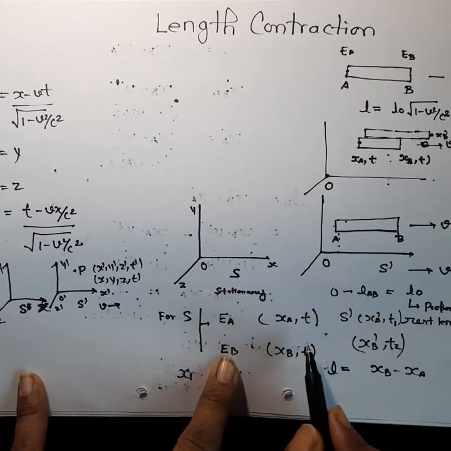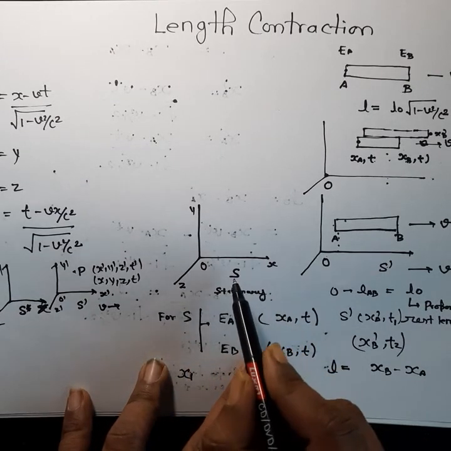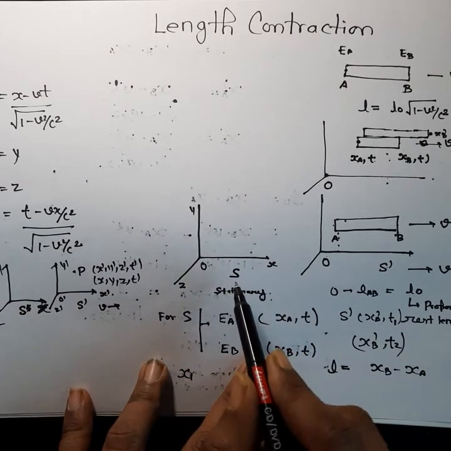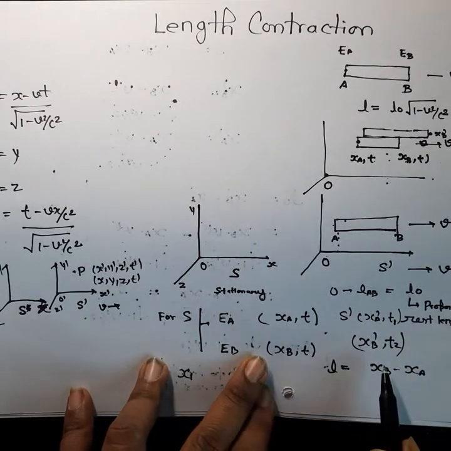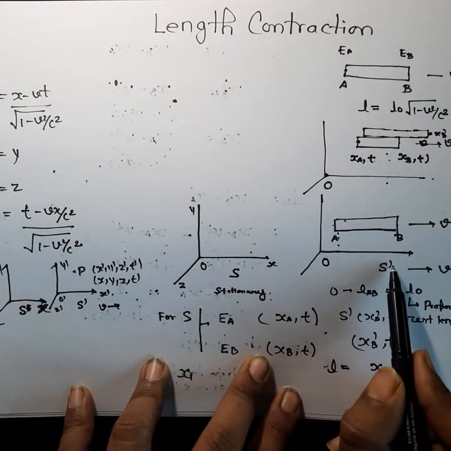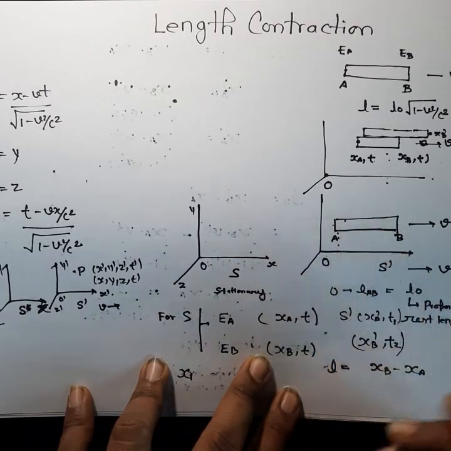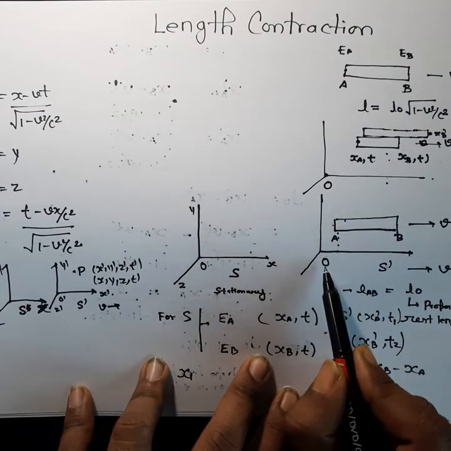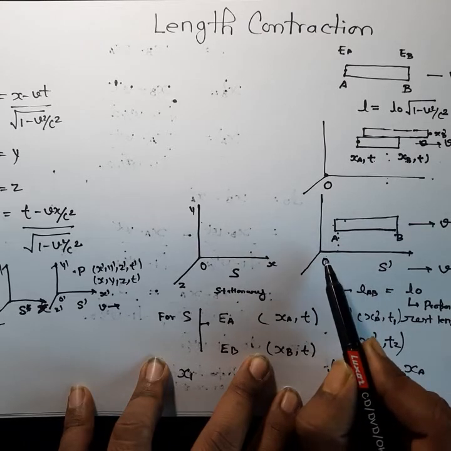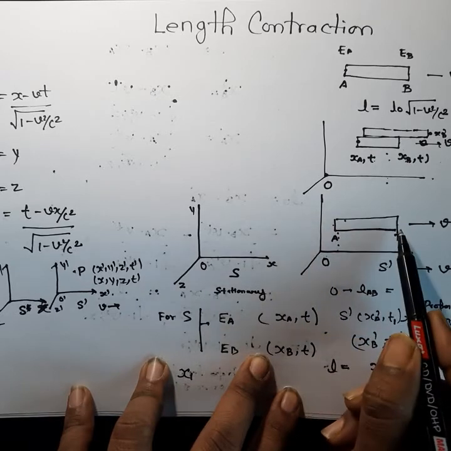What you should notice here is that there is a restriction on the observer of the S frame of reference to measure both the events at the same instant, but there is no restriction on the observer of the S dash frame of reference to measure both the events at the same instant, because the rod is at rest relative to the observer. So the observer is free to measure event A and event B at any time.